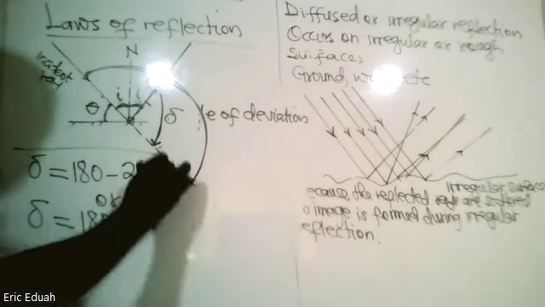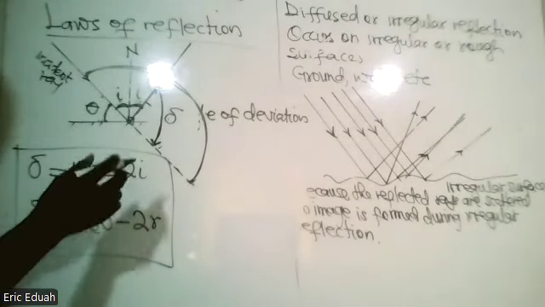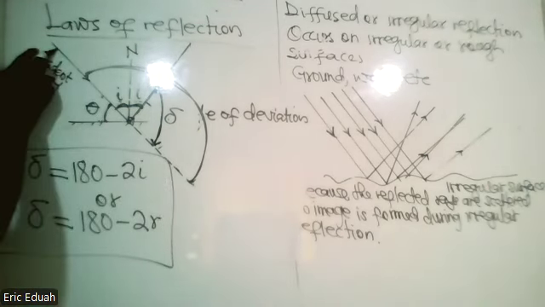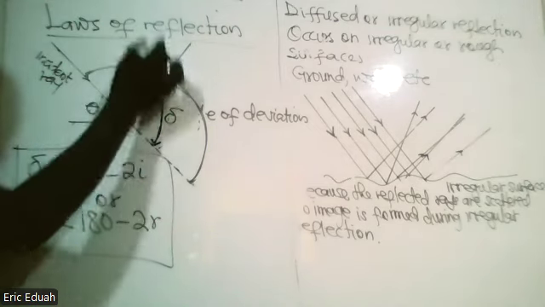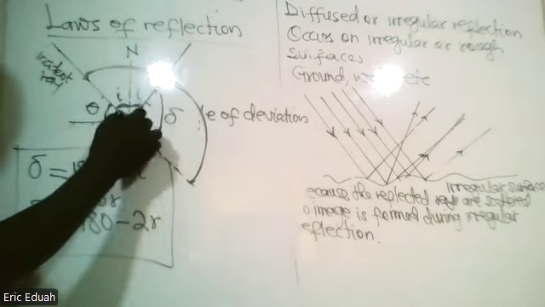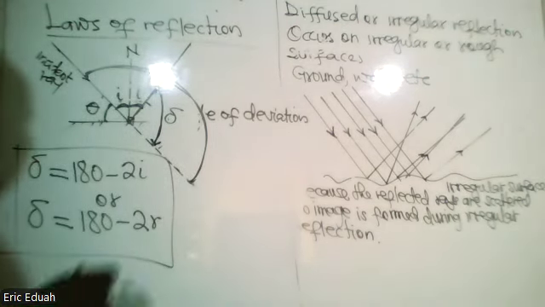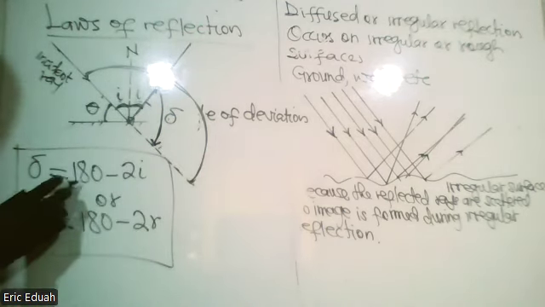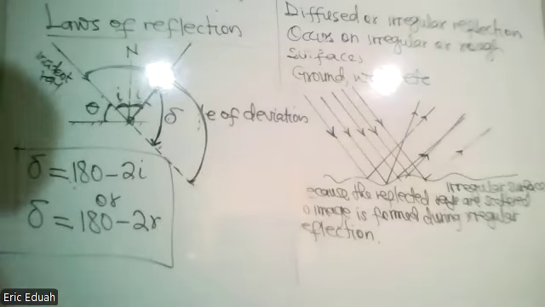So this is how to calculate the angle of deviation by a mirror. The ray is supposed to go straight, but due to reflection, its path has changed. How much has the ray been deviated? The measure of that is equal to the angle of deviation. So under reflection of light, angle of deviation is equal to 180 minus 2i.